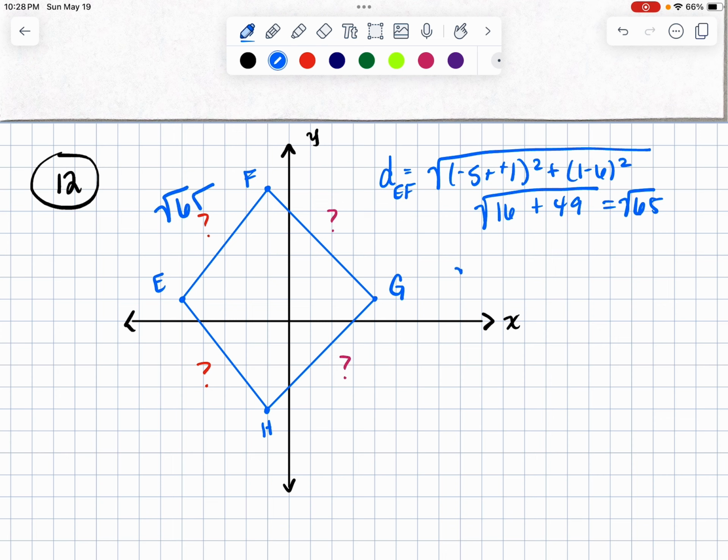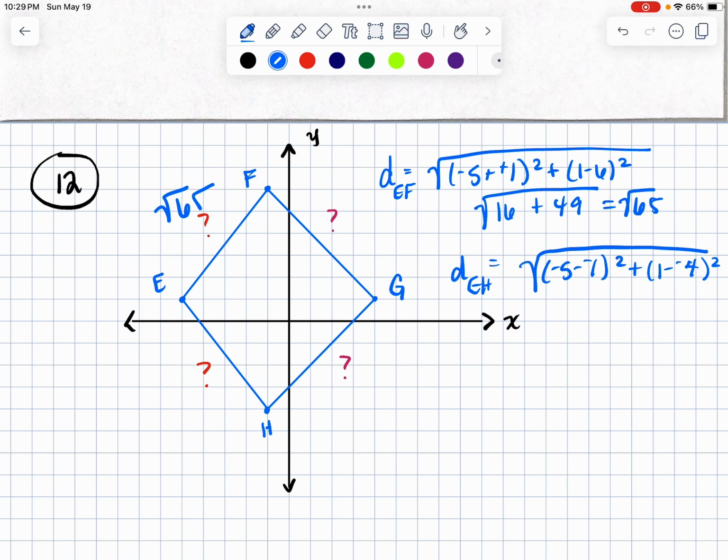And then if I do the distance from E to H, I want to see if it happens to be the same. So I'm using the points E and H. So negative 5 minus negative 1 squared. And 1 minus negative 4, 4 squared.